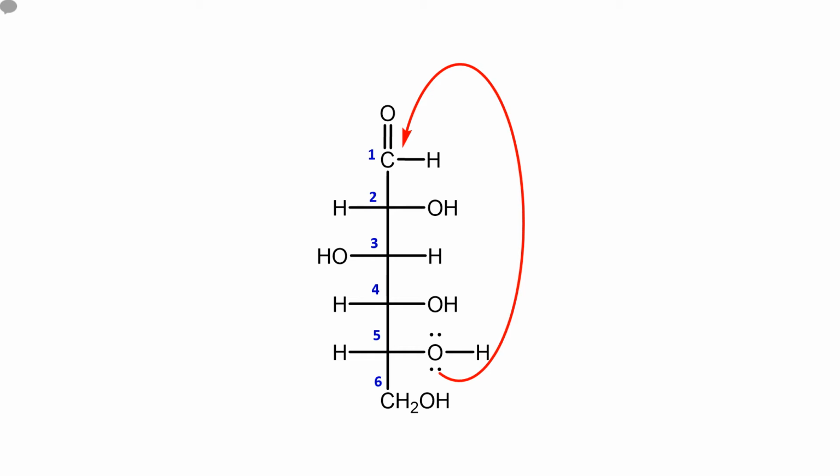The anomeric carbon is simply the carbon that was originally the carbon of a carbonyl, so a carbon-oxygen double bond. So carbon 1 of the aldose is your anomeric carbon, and the oxygen on carbon 5, your farthest chiral carbon, shares its electrons with that carbon to form a bond.